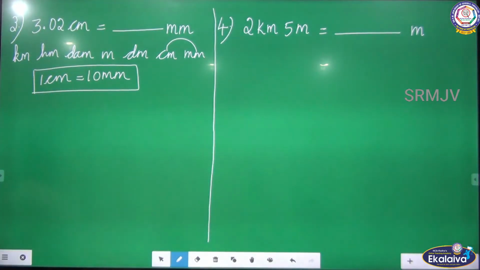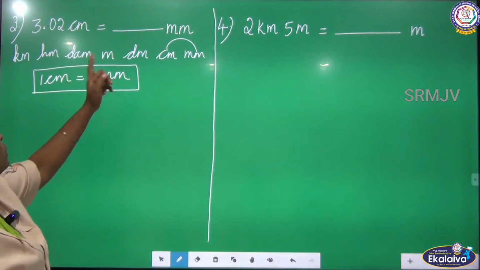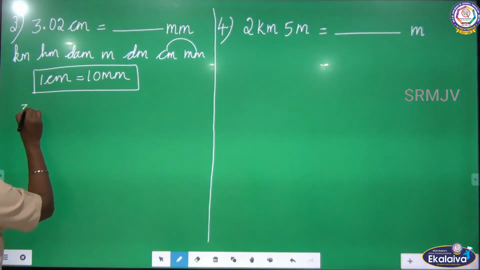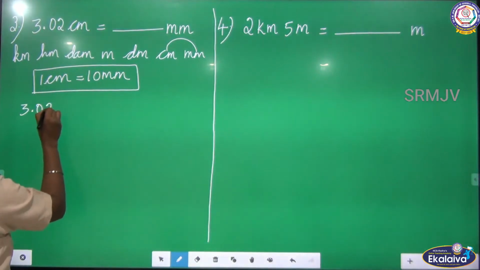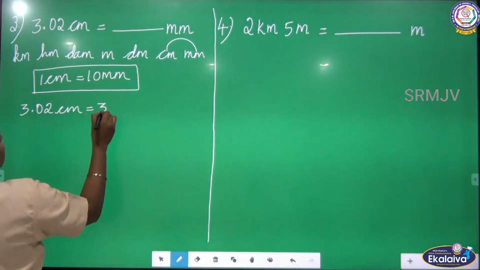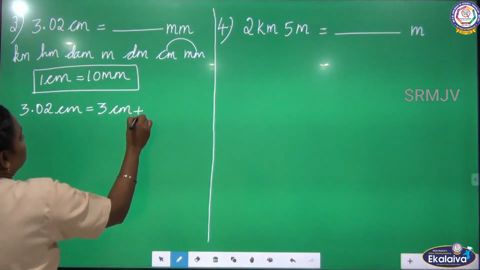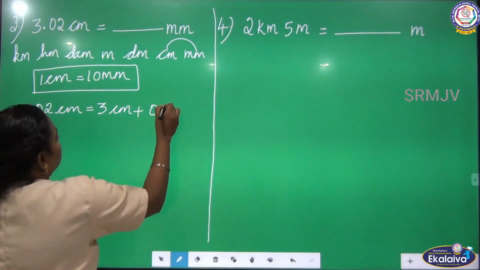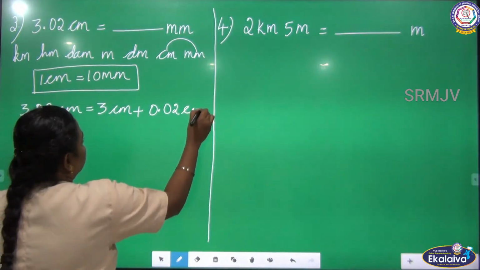So we are going to convert 3.02 centimeter into millimeter. 3.02 centimeter equals 3 centimeter plus 0.02 centimeter.